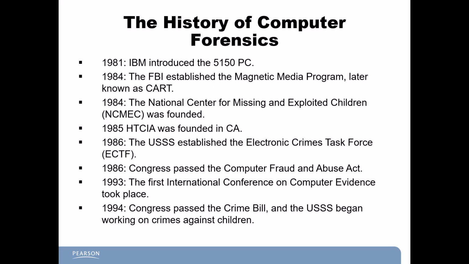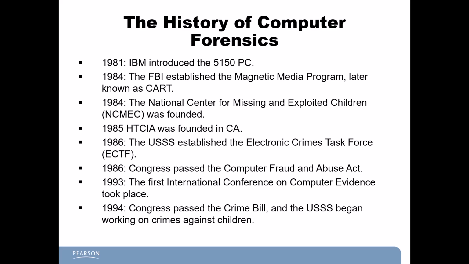So history. Basically, in 1981, IBM introduced the first main PC, what we think of a PC as today. In 1984, the FBI established the Magnetic Media Program, later known as CART. Also in 1984, the National Center for Missing and Exploited Children was founded.